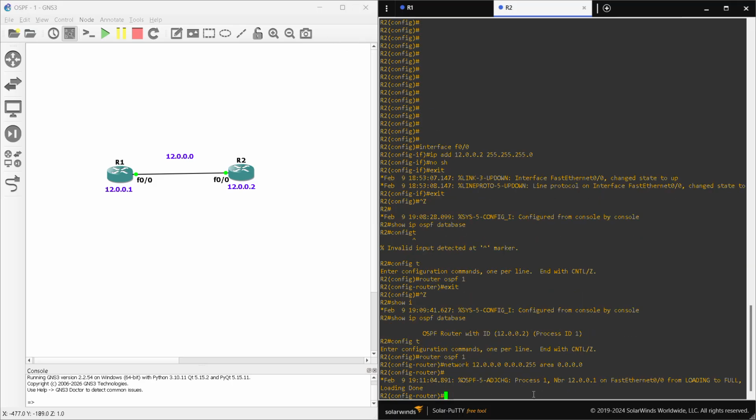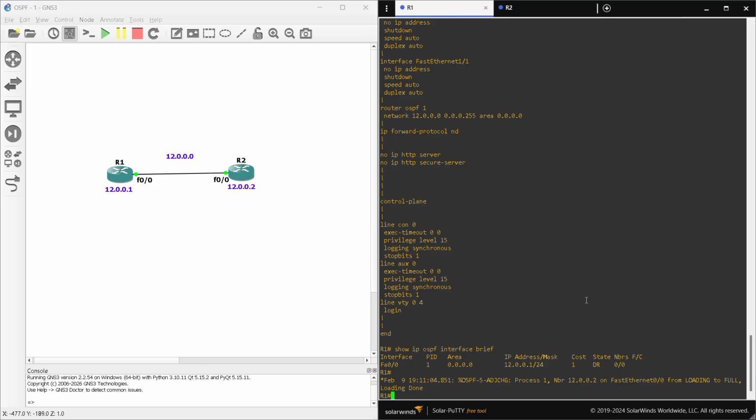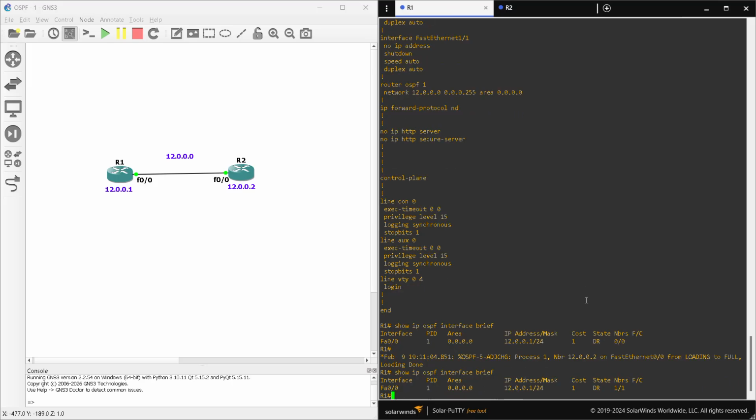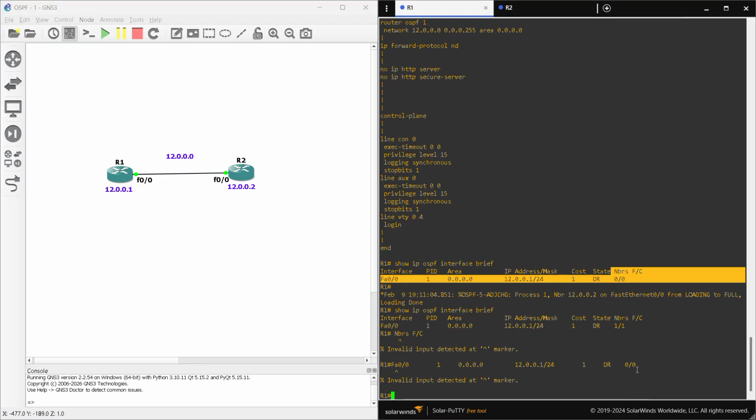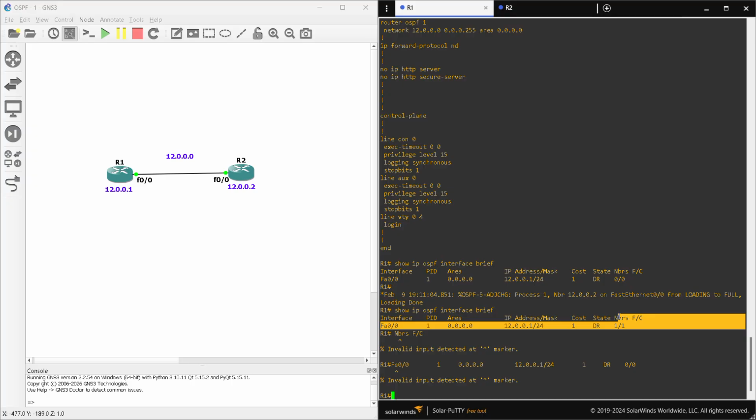Here I've given this. Right. After this, let's go to R1 and check its neighbors, right? So for that we'll use the command show IP OSPF interface brief. Initially it gives us 0 neighbors when we have not configured R2, but now after I've configured R2, it gave me this one neighbor connected.